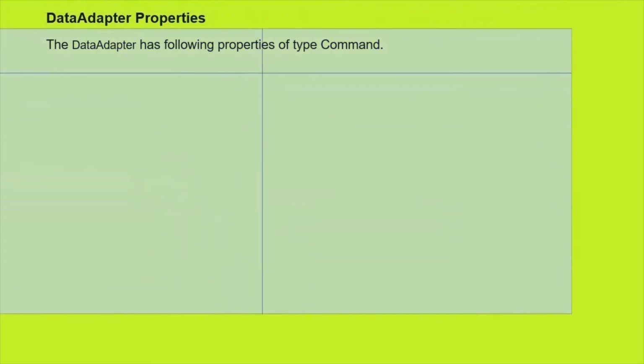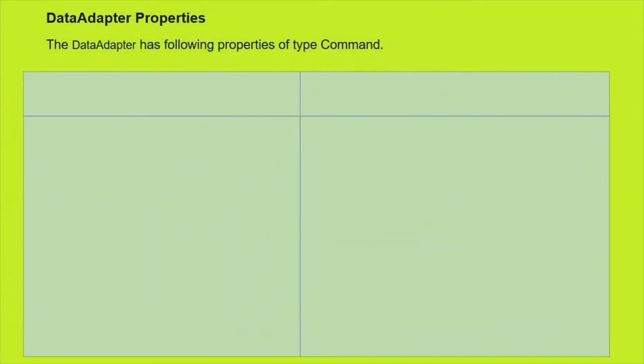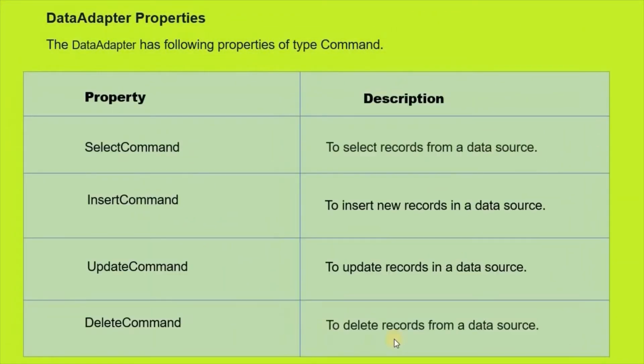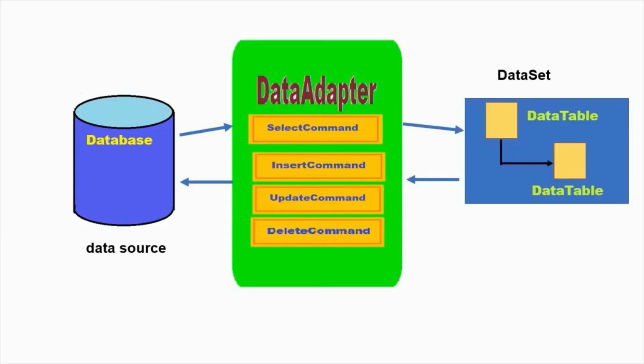Data adapter properties are using select command. Fill method of DataAdapter fills data set with data. Now data is present in data set.